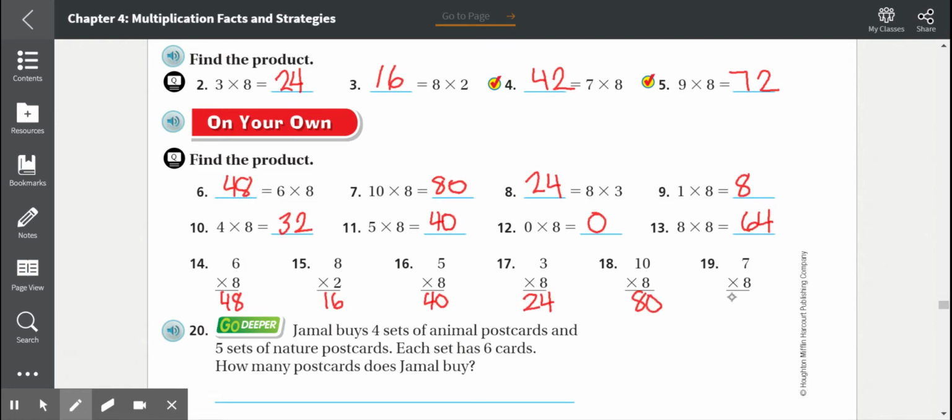And 7 times 8 is 56. Okay. So check your work and, if you need to make a change, then do so.